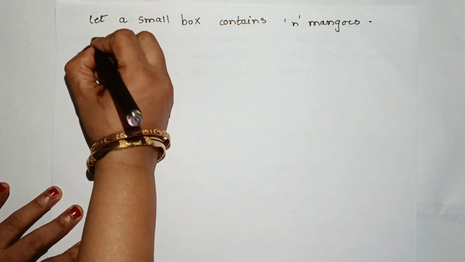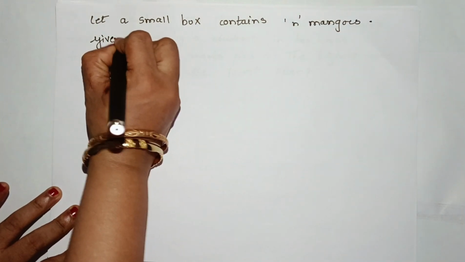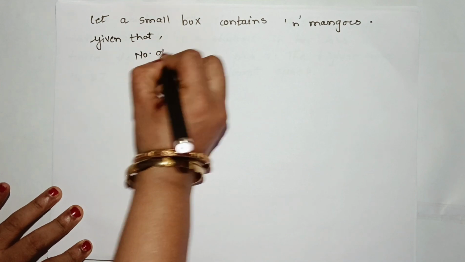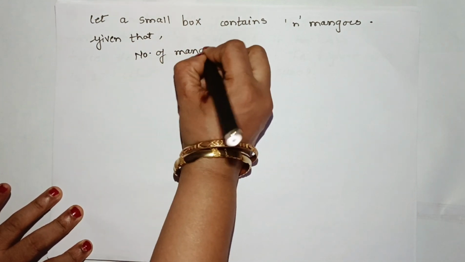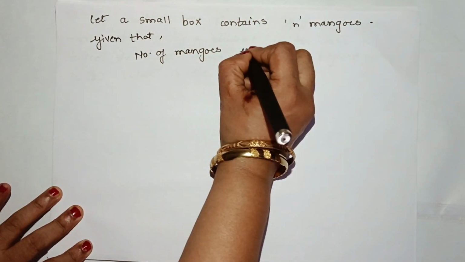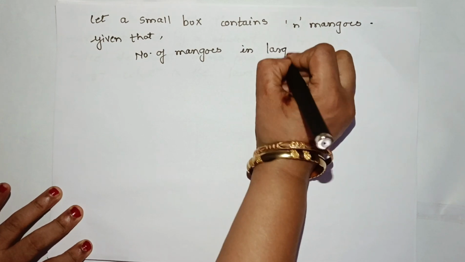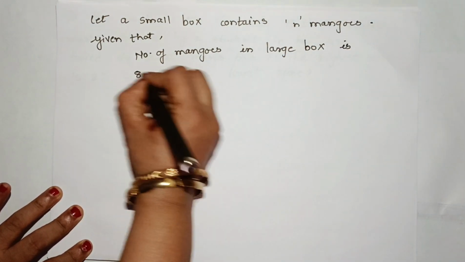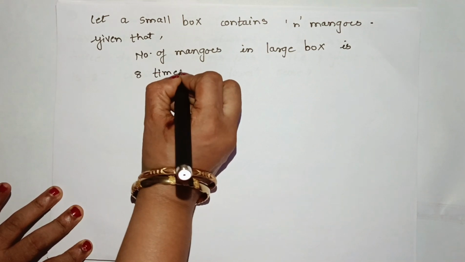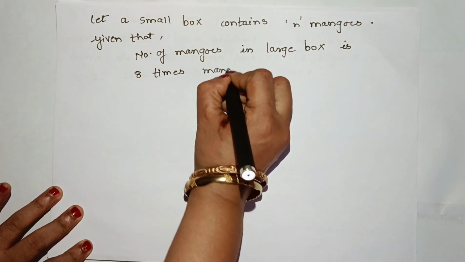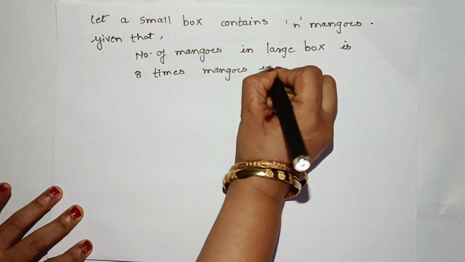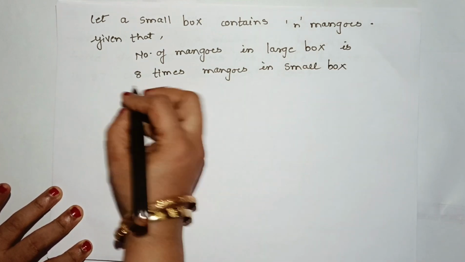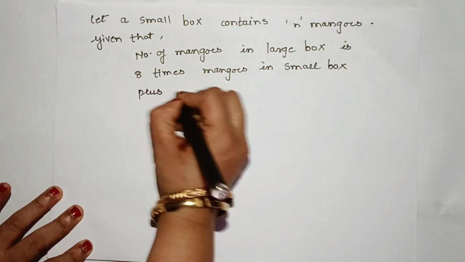Given that number of mangoes in large box is what? 8 times mangoes in small box plus 4.